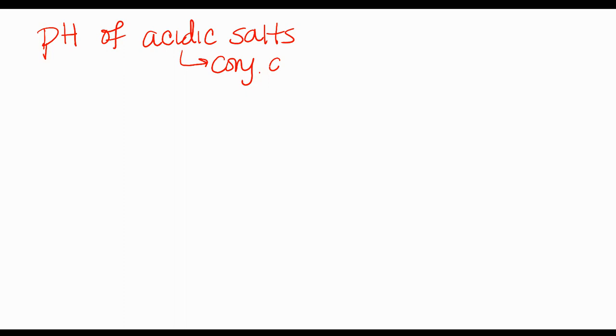Let's look at the pH of acidic salts. So the pH of acidic salts. Acidic salts, the way we're going to recognize them is that they're going to have the conjugate acids of weak bases.